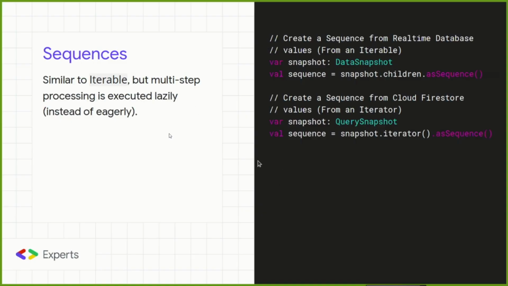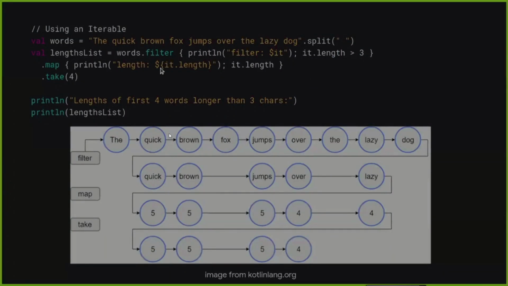The only difference is that its multi-step processing is usually executed lazily instead of eagerly, which is the method used in lists or any other Java collection. So I'll show you an example.